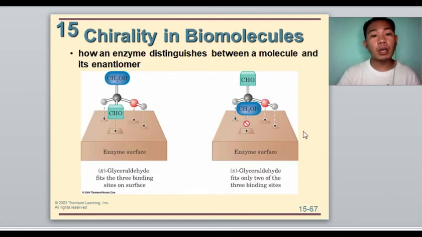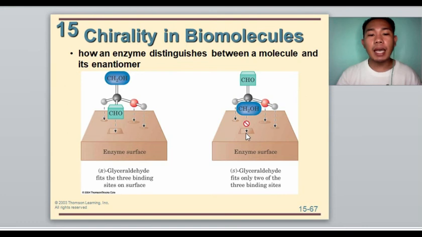So the question is, how does an enzyme distinguish between a molecule and its enantiomer? An enzyme catalyzes a biological reaction by first positioning the molecule at a binding site. So this is the binding site.